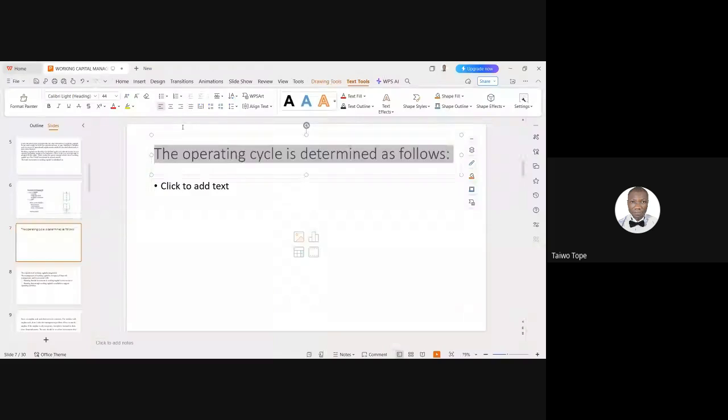Should we call it the operating cycle or working capital cycle? Whichever one is fine, ma'am. They can be used interchangeably.